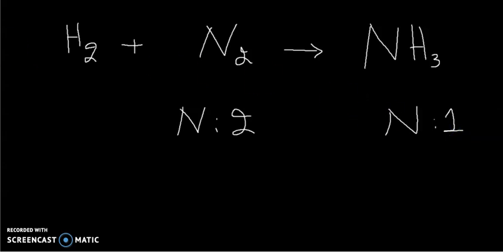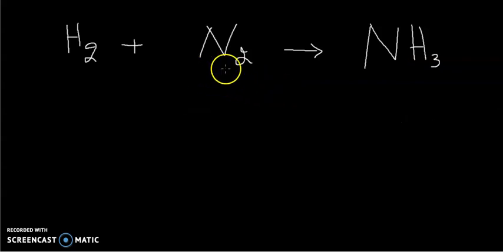Why is it 1? Because here there's nothing, so it's a 1. Okay? Now, in the reactants I have 2 nitrogens. In the products I have 1 nitrogen. Now, I cannot change the subscript. I cannot put 2 here to balance them. This is wrong.